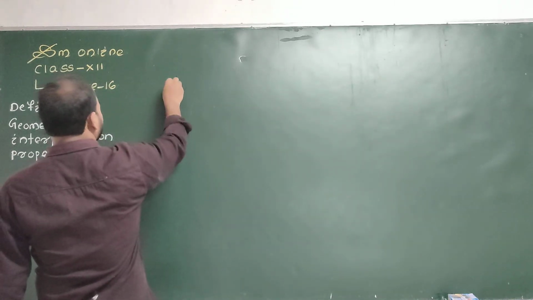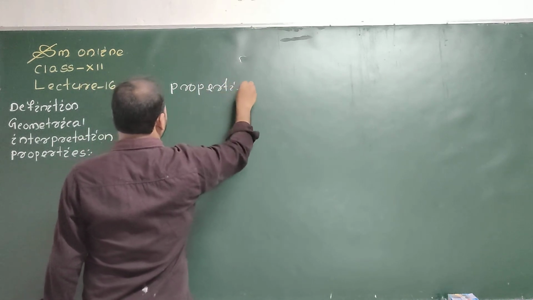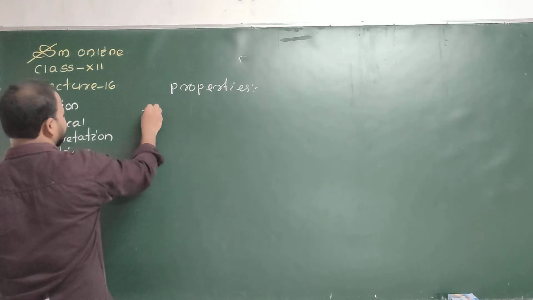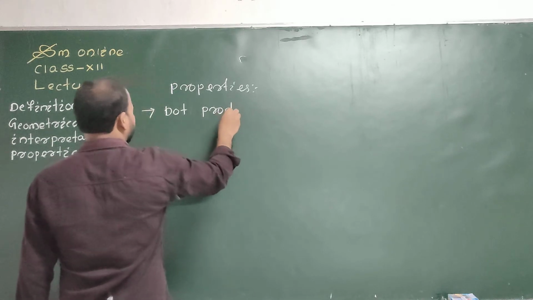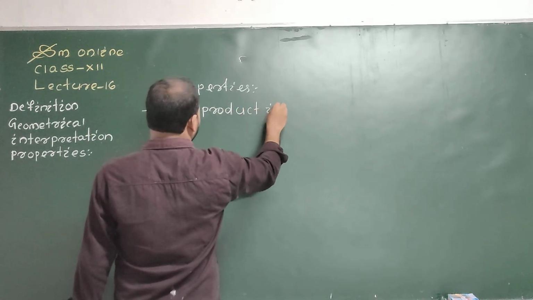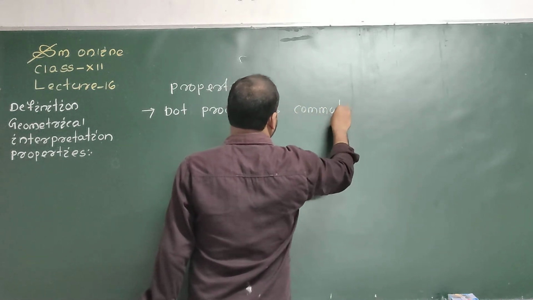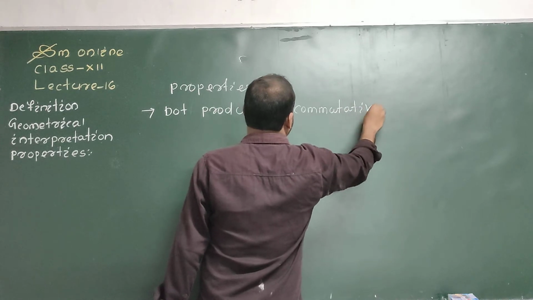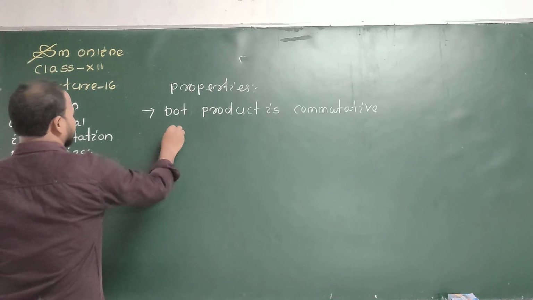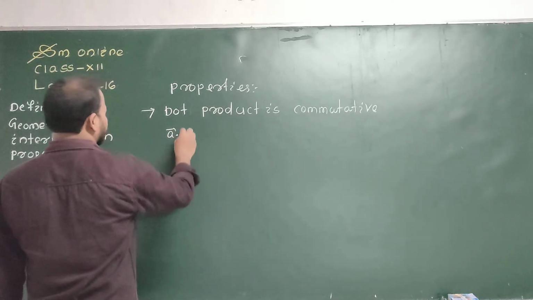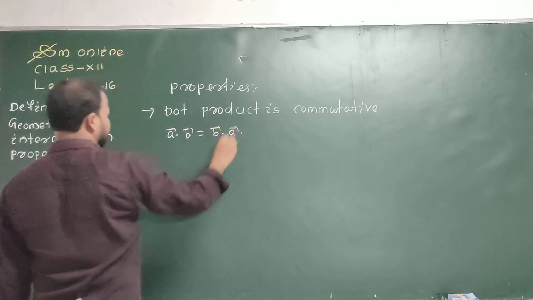The first property is that the dot product is commutative. That means vector A dot vector B equals vector B dot vector A.